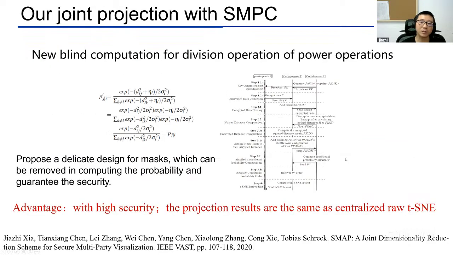To address this issue, we design new blind computation for division operation and power operations. As a result, we achieve high-quality joint embeddings with SMPC. The analysts do not need to share their raw data. However, SMPC is quite slow for real applications. The federated learning-based solution is still appealing.